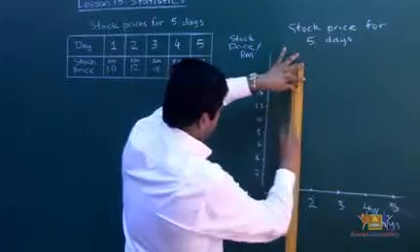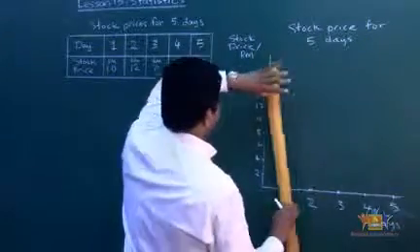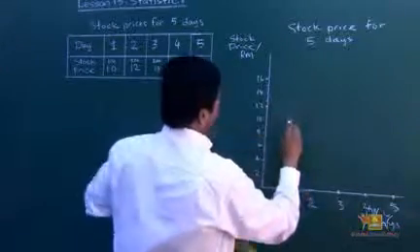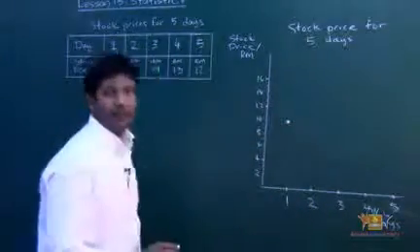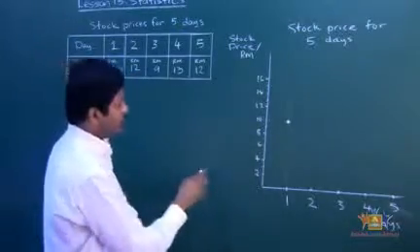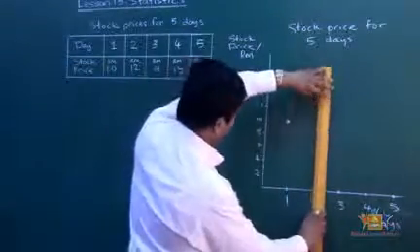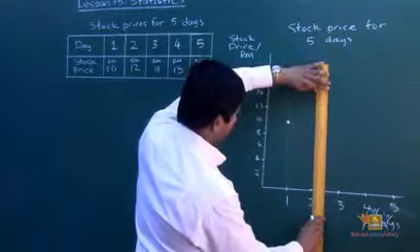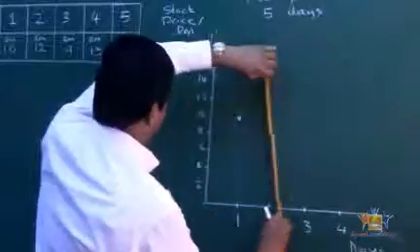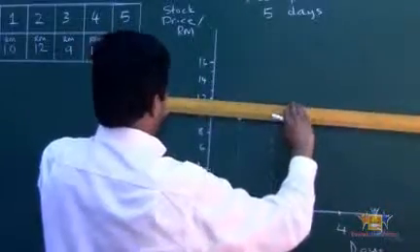We want to find the intercept between 1 and 10 right there. That's your first point. Your second point is going to be 12 for day 2. So for day 2, you want to find the intercept between 2 and 12, right there.